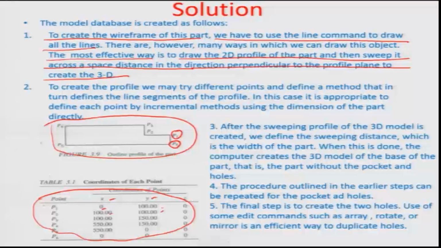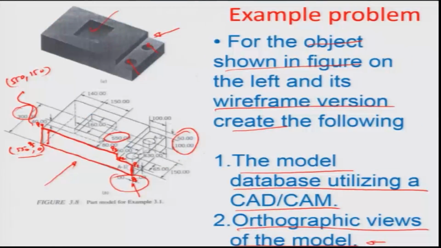So, we create the profile and then sweep the profile, as I told you, in the z direction. As the 3D model of the base part is created without the pockets that are being indicated, the procedures outlined in the earlier steps can be repeated for the pockets and the holes. So, in this case, for example, a cylinder needs to be pulled out. You could actually create a circle with a center at a certain point which is represented in this dimension here.